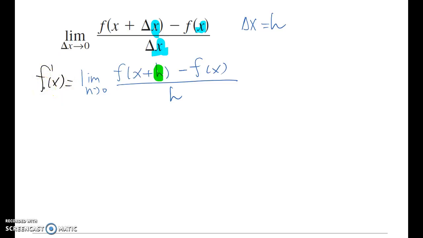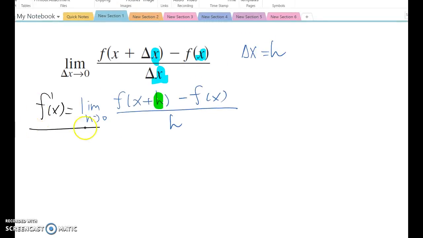We also discussed that unless the function is linear, it won't have a constant slope, which means this answer is going to be some expression such as 2x or 3x squared minus 4, something like that, right?